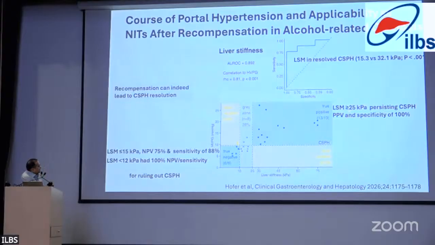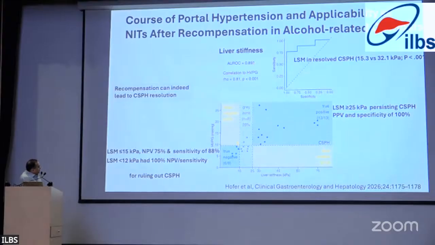As you can see here, in recompensated patients, if the LSM is more than 25, there is almost a 100% chance of having clinically significant portal hypertension, that is HVPG more than 10, with an ROC of 0.89.